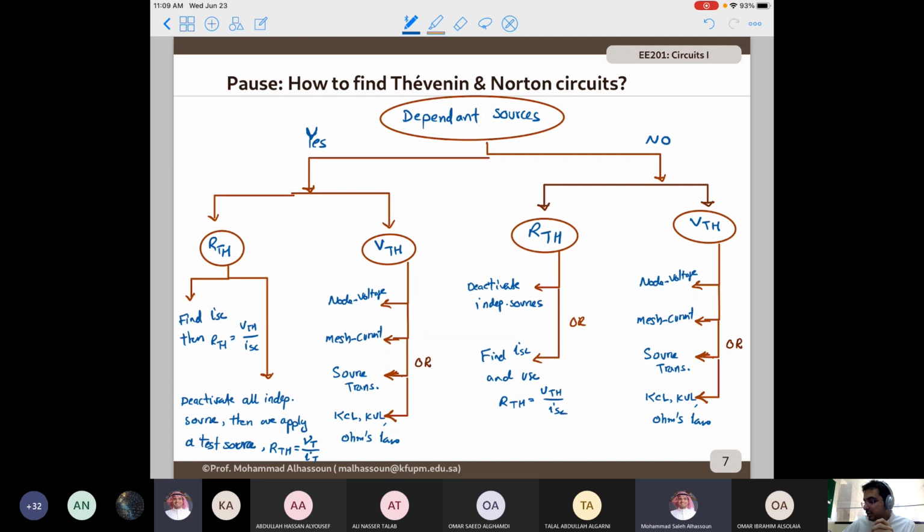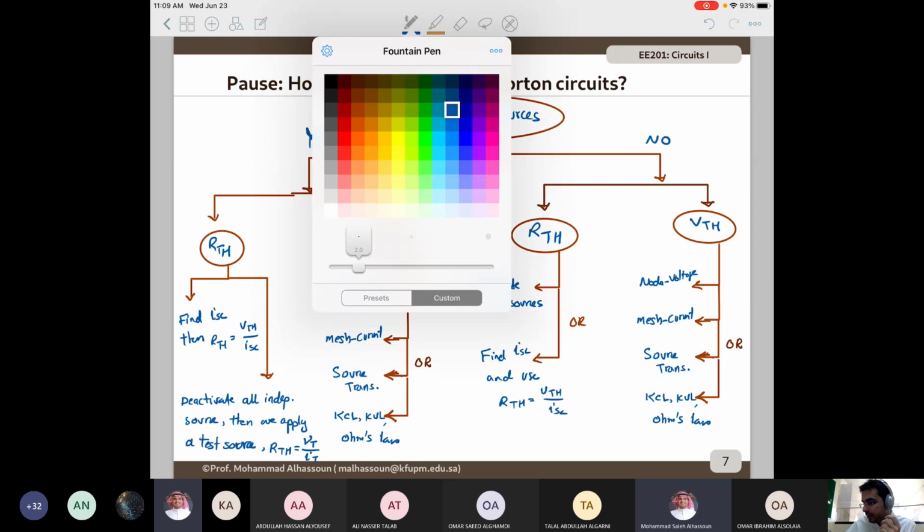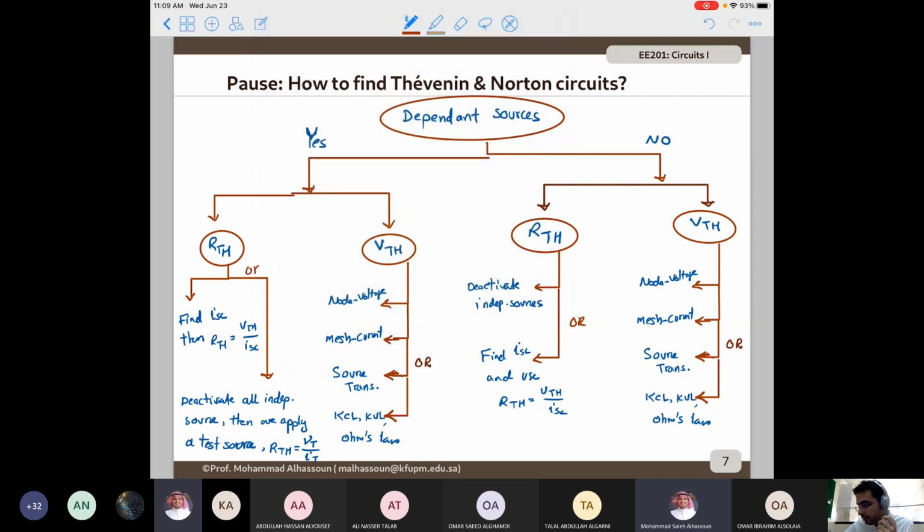So we see that we have two different situations. If all you have is independent sources, things are much simpler. If we have a dependent source, then finding the voltage will not be different. The only difference here is finding the Thevenin resistance.